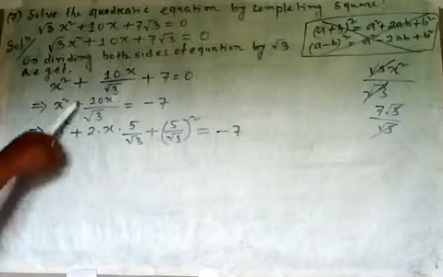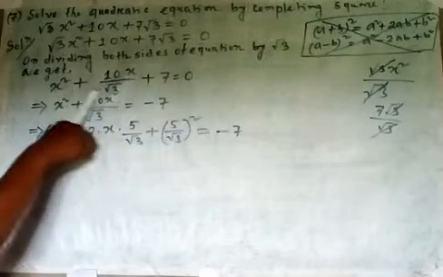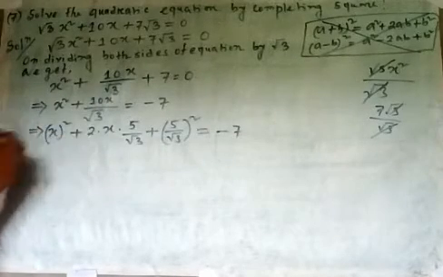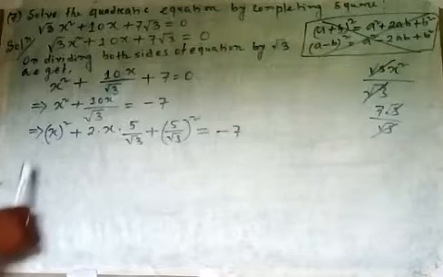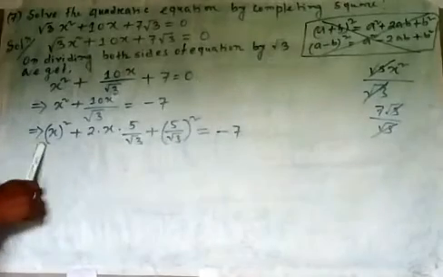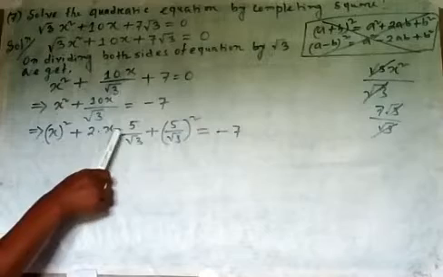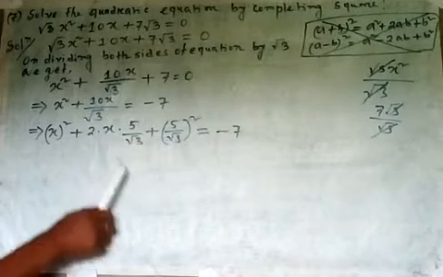Now if you look, the left side is x square plus 10x by root 3. But here it is x square plus 2x into 5 by root 3.